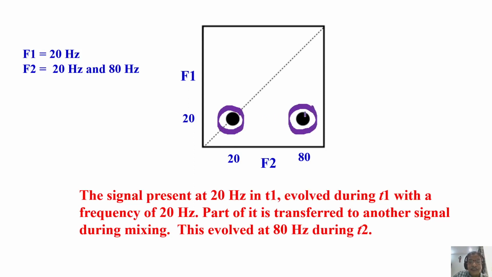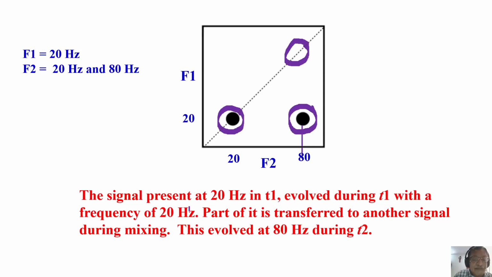Now I will tell you this is coupled to this. I have to find out this diagonal peak for this. We will see in the next COSY spectra. But for interpretation, you understand this spin has given magnetization to another spin which is resonating or precessing at 80 hertz in the F2 dimension.